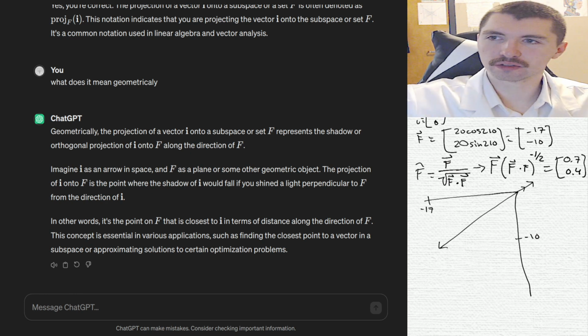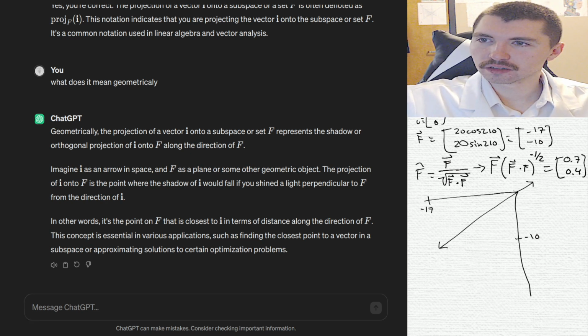Okay, so it wouldn't be on this because this is 1, 0. I is straight horizontal. So it's saying we would have something like this.